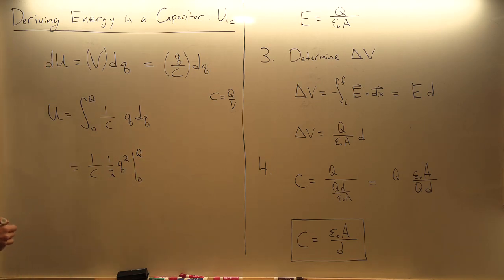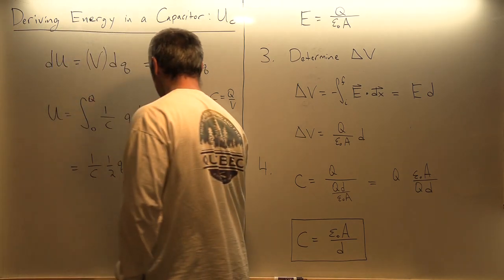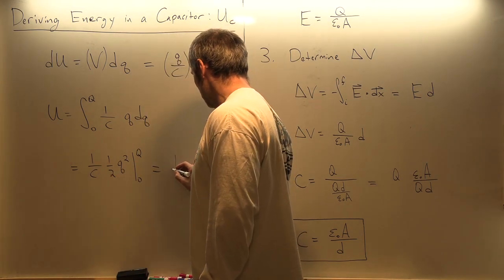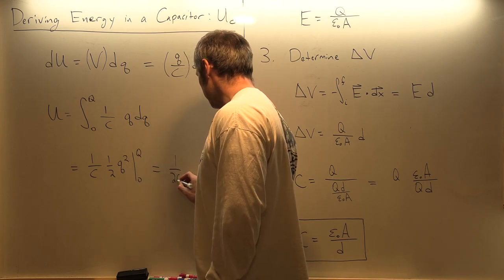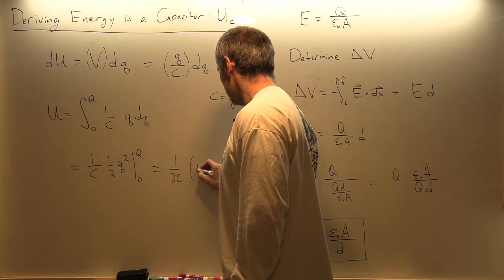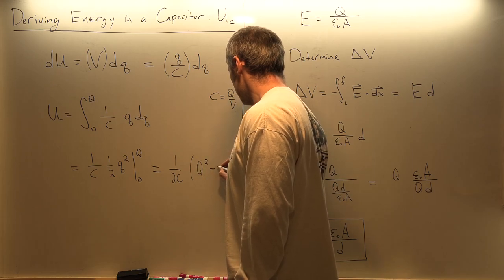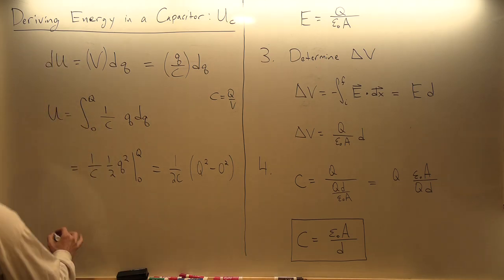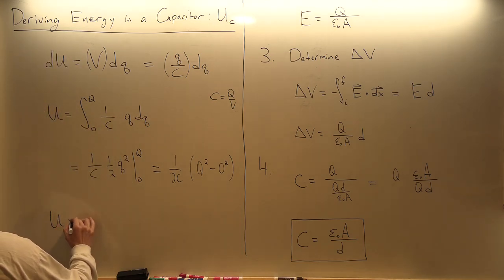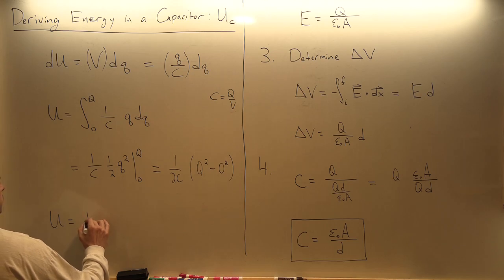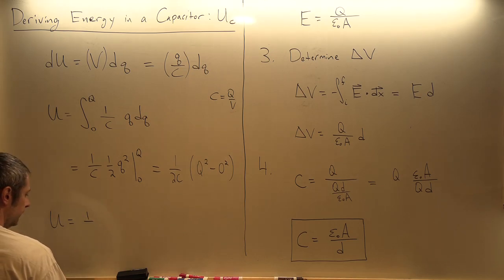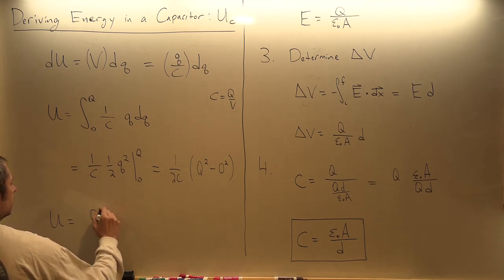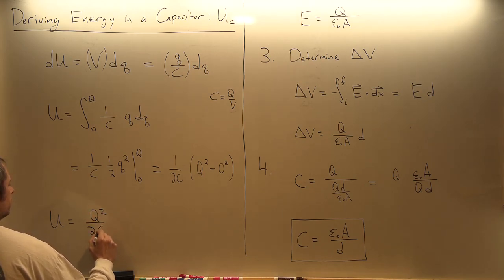And now I can plug in my limits, and I'll combine the 1 over C and the 1 over 2 as 1 over 2C, and I get my final expression for the energy to charge this capacitor, just Q squared over 2C.